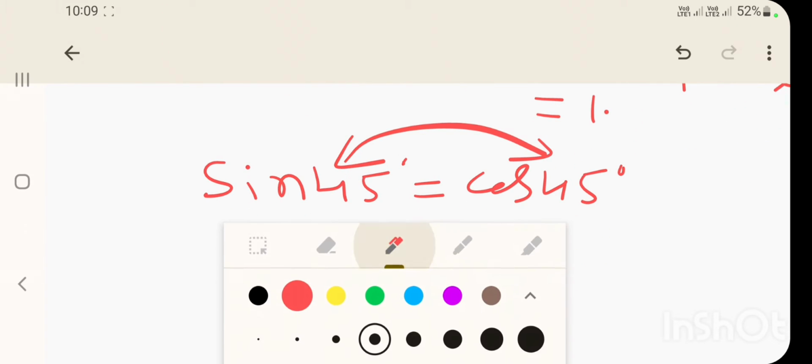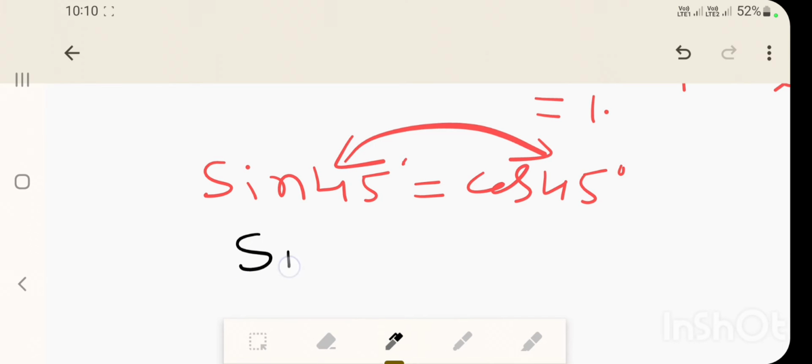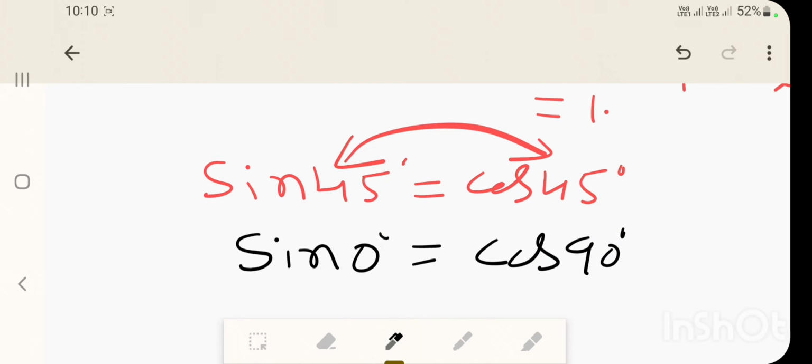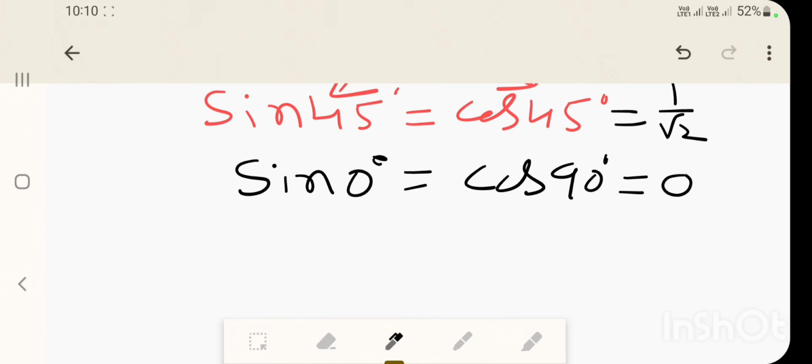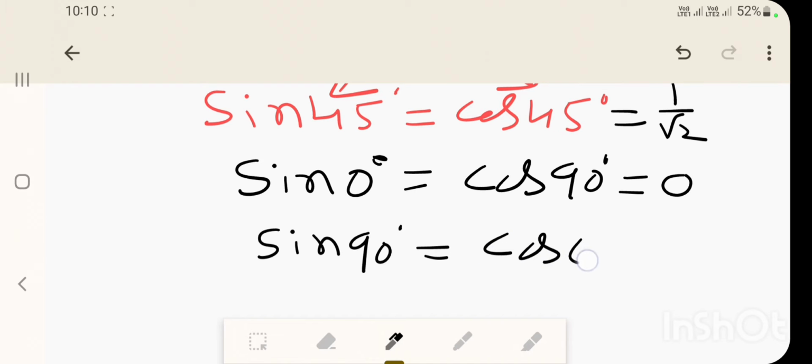And we even have other values: sin 0 is equal to cos 90, because 0 plus 90 is 90 degrees, these two are the same. The other value is 1 by root 2. Another last value I'll write and we'll stop for today: sin 90 is equal to cos 0, that is 90 plus 0 is 90, both are the same, equal to 1.